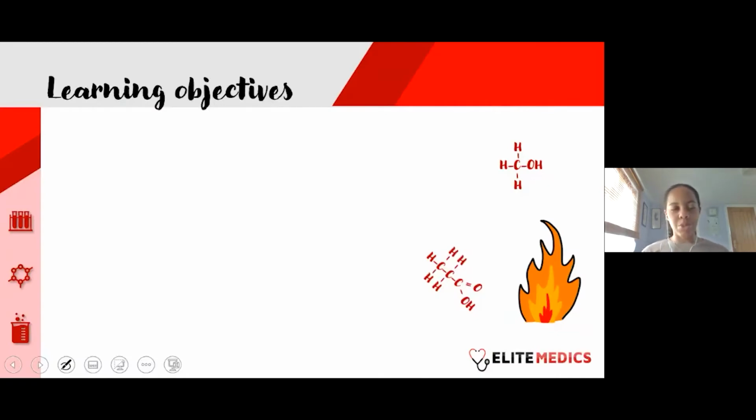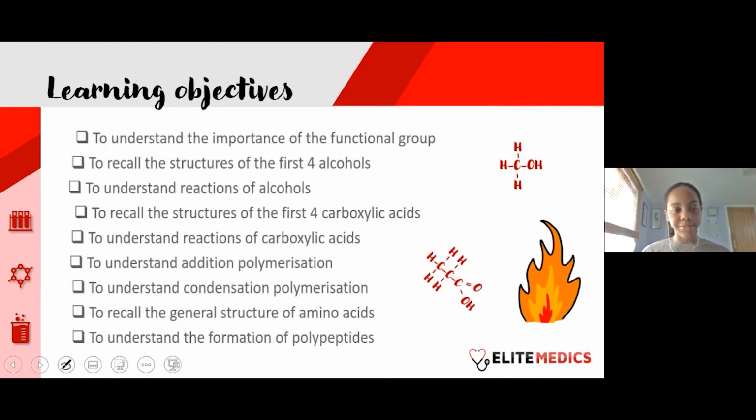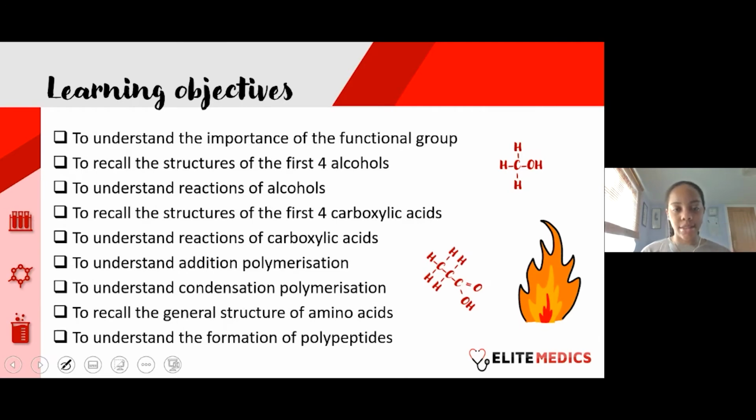In particular, this is what we're going to be going through today. First, we're going to understand the importance of the functional group. There are a couple of terms that you might see associated with organic chemistry. Don't get too bogged down by them, because when you actually understand these keywords, it's very simple and straightforward. Moving on, we're going to be understanding and recalling the structures of the first 4 alcohols, as well as understanding reactions of all alcohols.